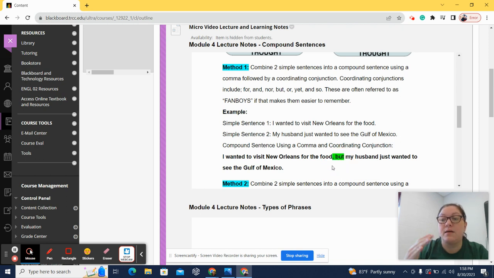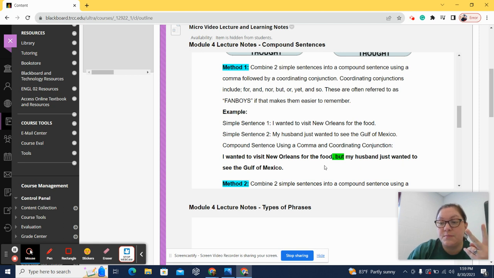I used comma, but, because the first part of my sentence is positive and the second part has a more negative connotation. That's usually when you use the conjunction but, to say, I wanted to do this, but my husband likes this. And when you look at FANBOYS, there are different situations where you would use different conjunctions, but we can get into that another time. So just know that I wanted to visit New Orleans for the food, comma, but my husband just wanted to see the Gulf of Mexico.